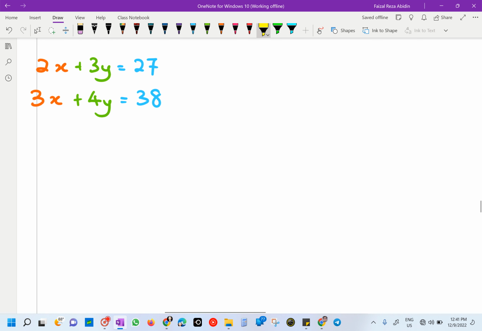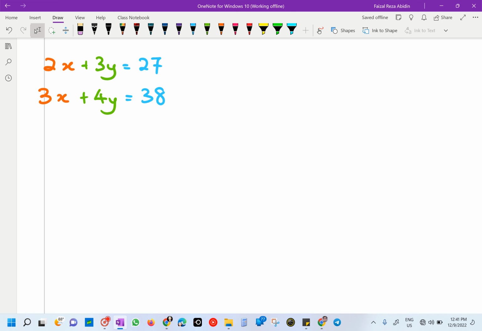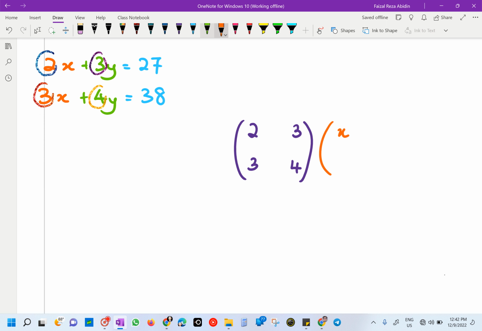So from our linear equation, we are going to form a matrix. So what you are going to have over here, the first one I'm going to write over here 2, 3, 3, 4. There. And then you are going to have our x and also our y equals to 27 and 38.